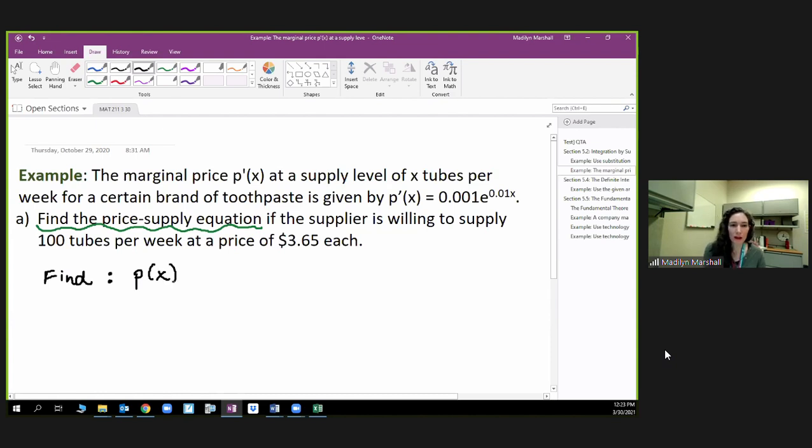So our goal is to find P of X. And note that this is a little p for price, not a big P for profit. So we know the marginal price.